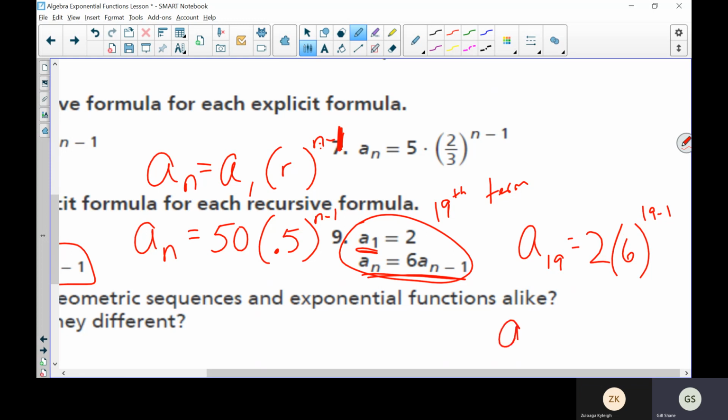So in my final answer, the numbers don't match up, but that's okay, because the only thing that needs to match up is the n value. Then I subtract 1 from that, and that's why they don't match up in the final answer. But they did initially. So anytime you have a variable in an equation, any equation, x, y, w, z, if you replace that variable with something, you better replace it everywhere with that same thing.